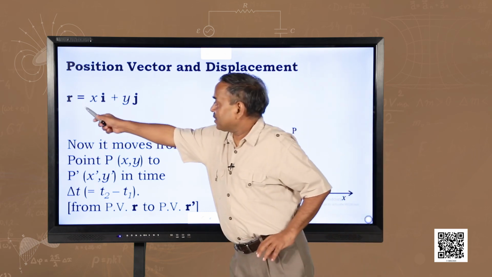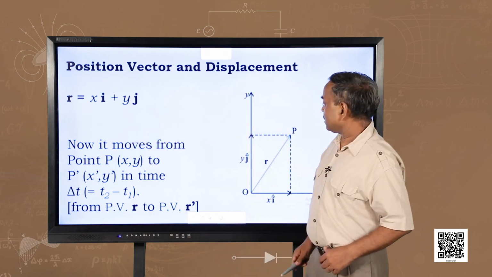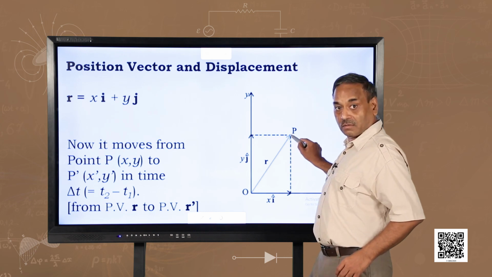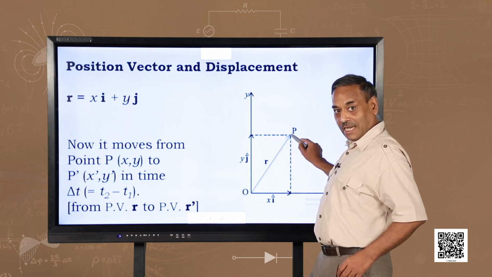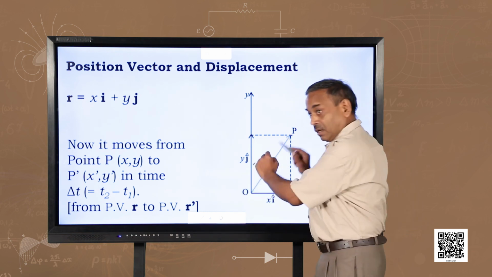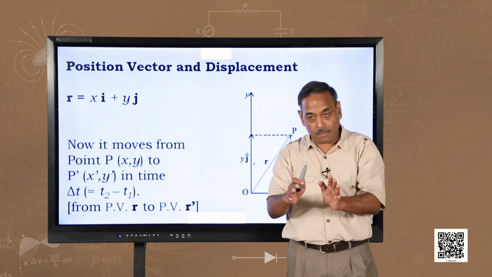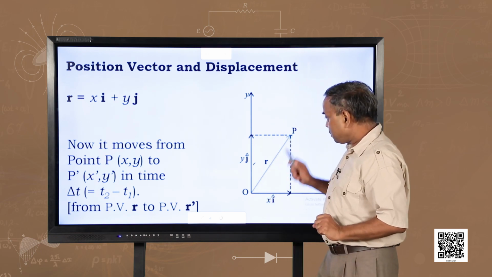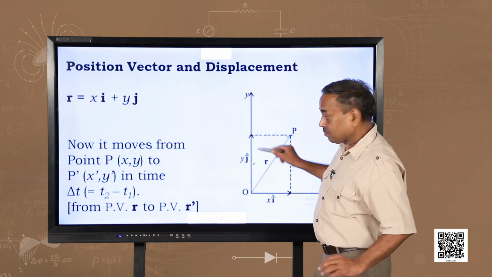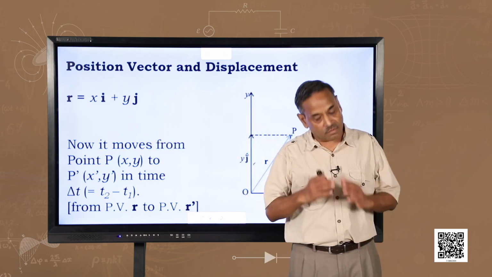So, the position vector is given by r = x i plus y j. Position vector means the point where the object is. With respect to the origin O of the chosen coordinate system, the position vector of P is r, given by x i plus y j. What are x and y? They are the components along the x axis and y axis.